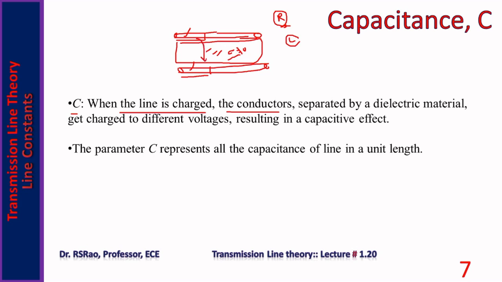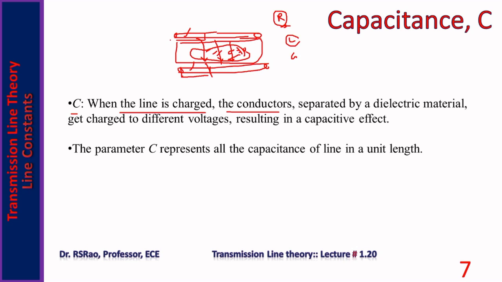Certain currents flow from one conductor to another. These currents are called leakage currents. If sigma is 0, it is a perfect dielectric and no current can flow, but it is not so. So currents flow. The flow of these currents is modeled by assuming a certain amount of conductance between the conductors. That conductance is denoted by G per unit length of the line.